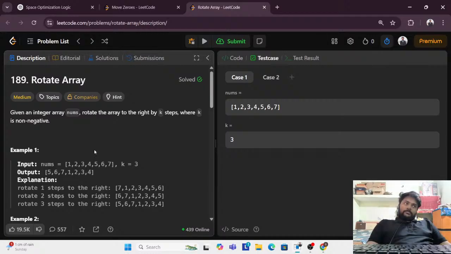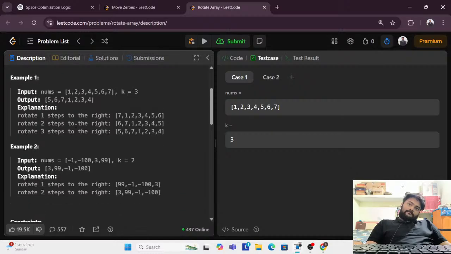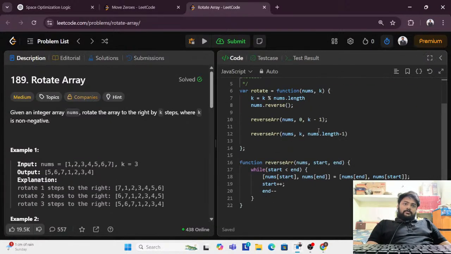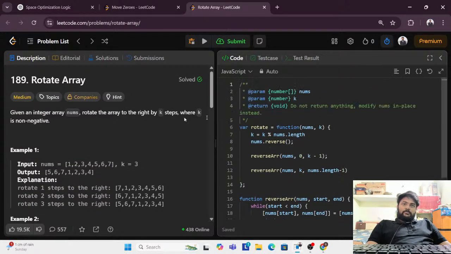With the in place method, I think I can use... Okay, it is already written.